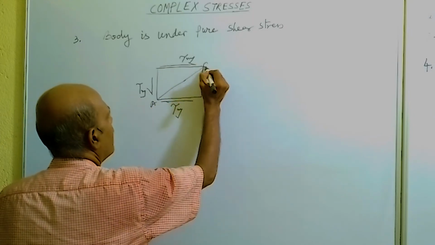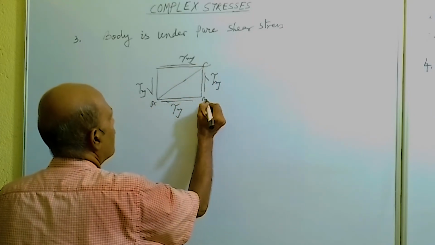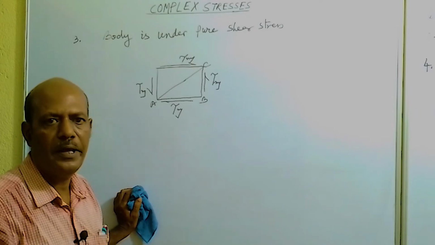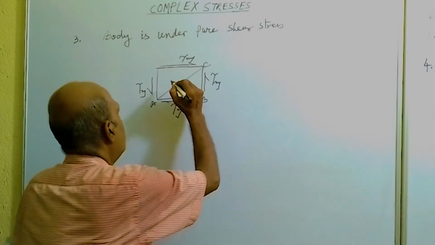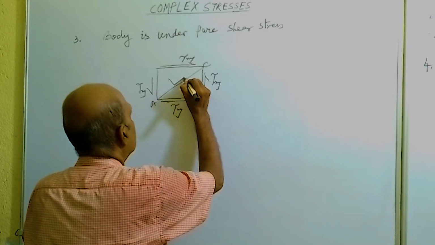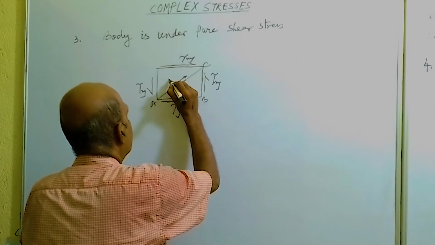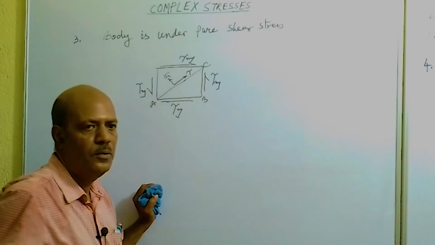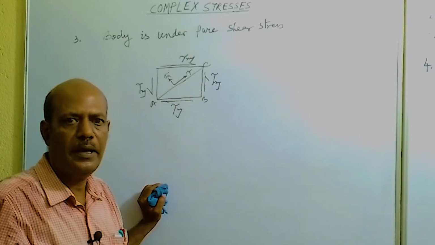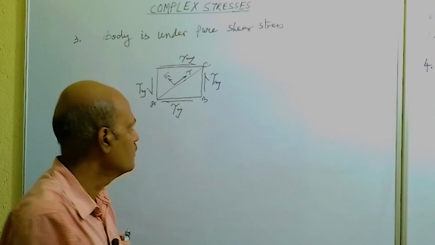AC is the inclined plane. On inclined plane, what should be the condition of stress? So there are two stresses developed on inclined plane, that is sigma n and tau. We don't know. We are going to find sigma n and tau value.